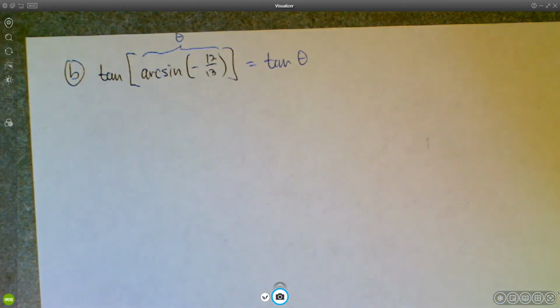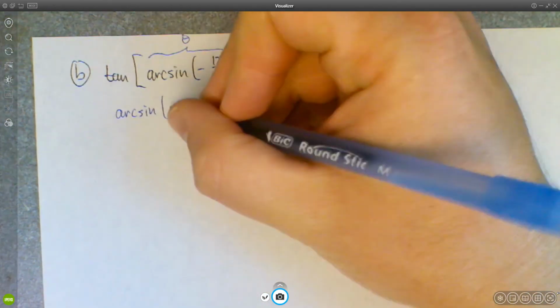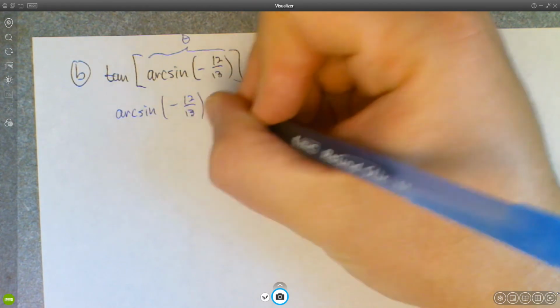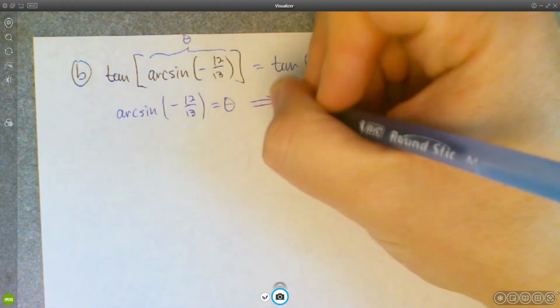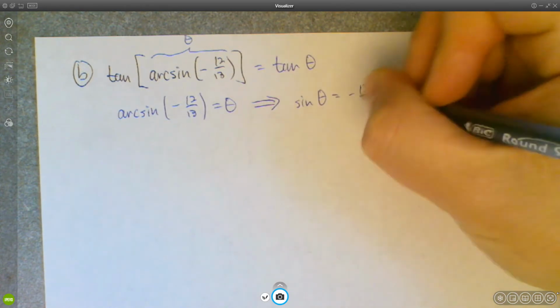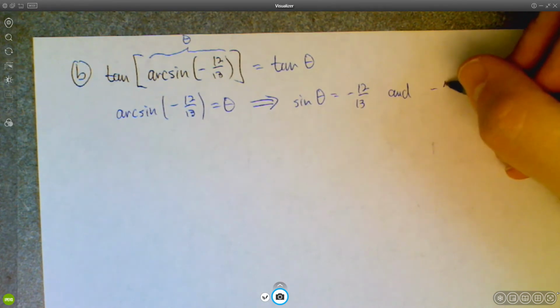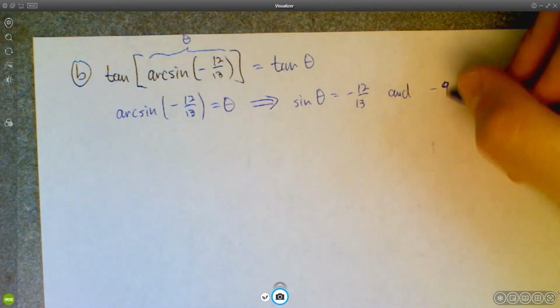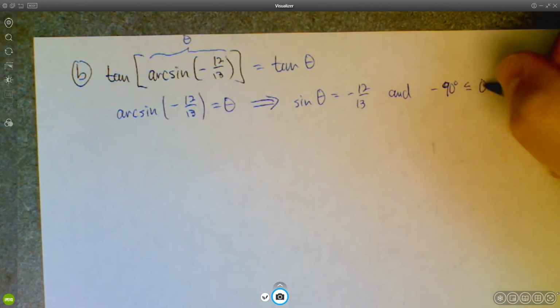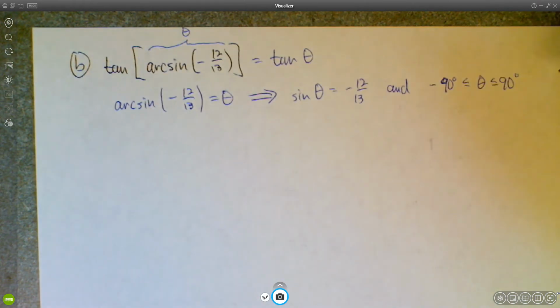Well, if arc sine of -12/13 equals theta, then sine of theta equals -12/13, and theta is between -pi/2, so I'll call it -90 degrees, and +pi/2, so +90 degrees.